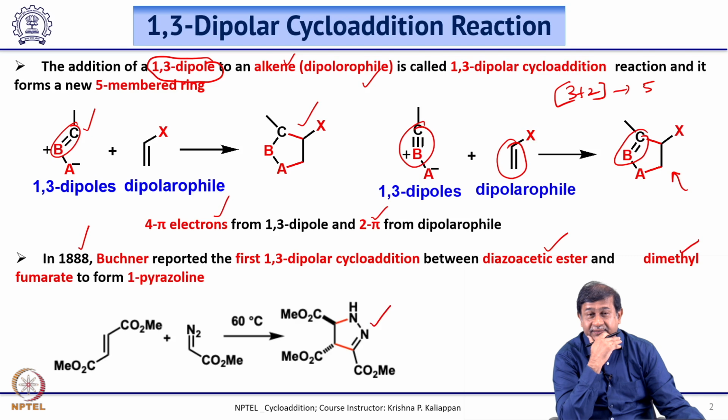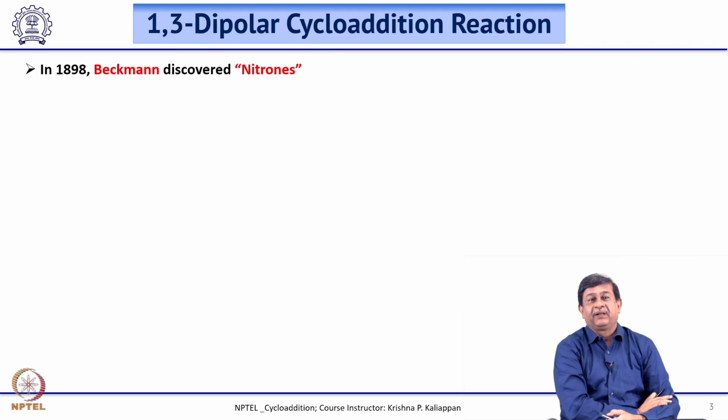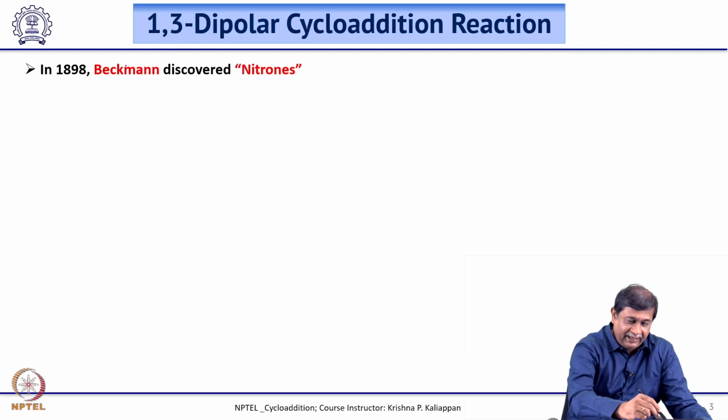So this reaction was reported close to 140 years ago, even before Diels-Alder reaction was reported. The second 1,3-dipolar reaction which was reported was based on nitrones. That was in 1898.